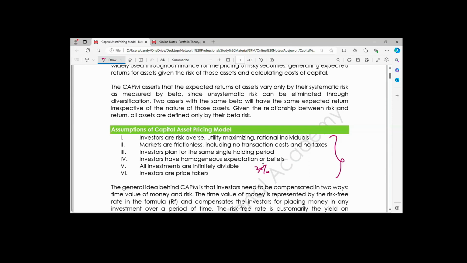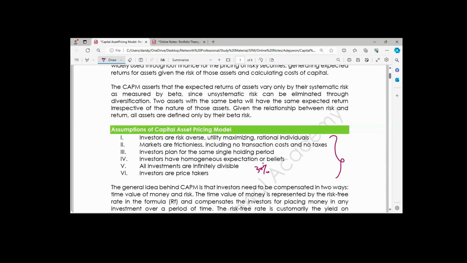So what this is saying is that for the foreseeable future, that investment is divisible, that a fractional part of the investment can be undertaken. It is not compulsory that you must do 100% of the investment. Again, not all investments are divisible. That's the bottom line.